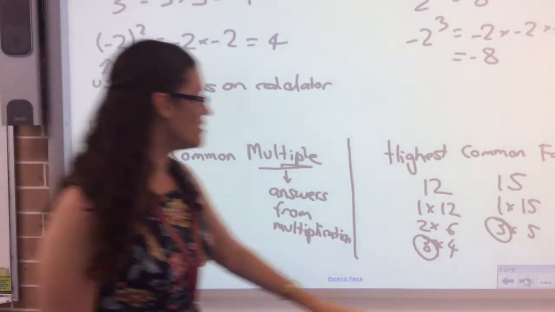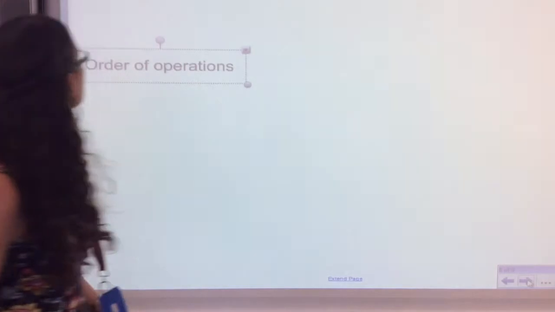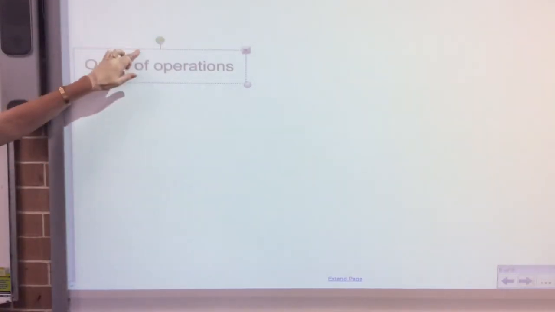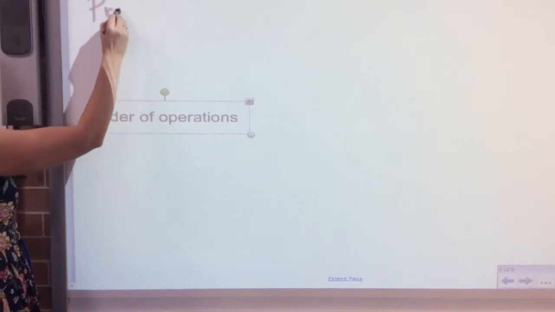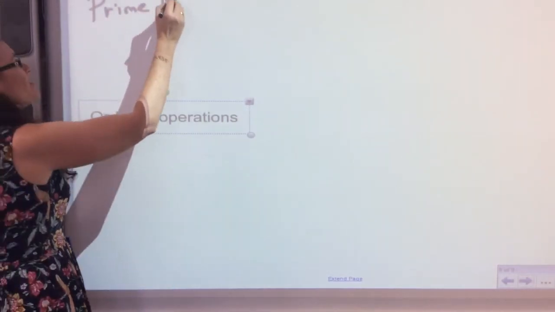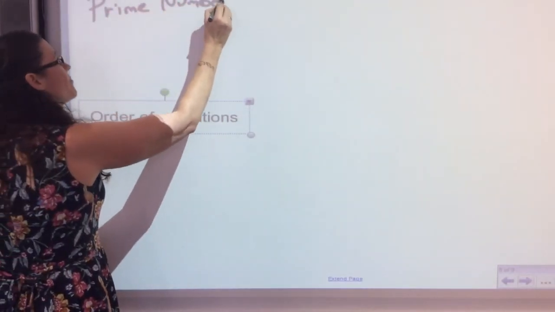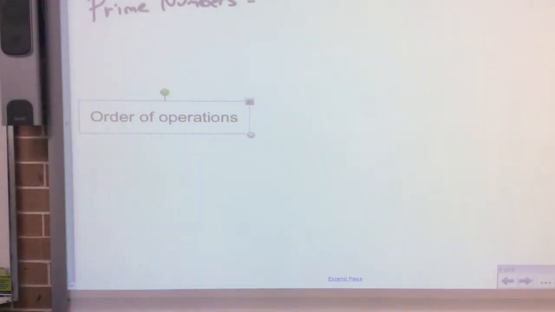Alright, what else do we need to know about integers? What's a prime and what's a composite? What's a good definition of a prime? Prime numbers. What's special about a prime number?